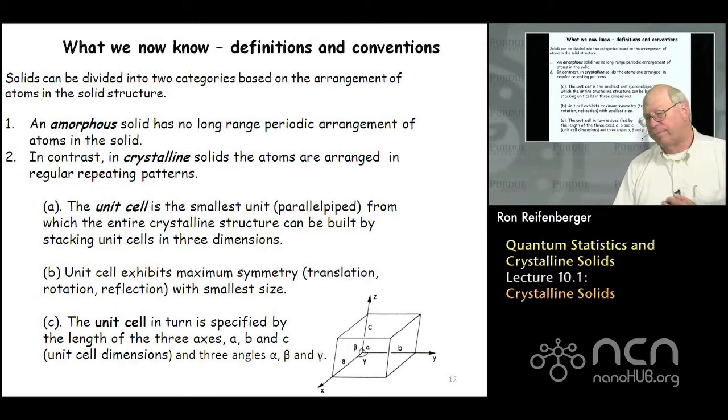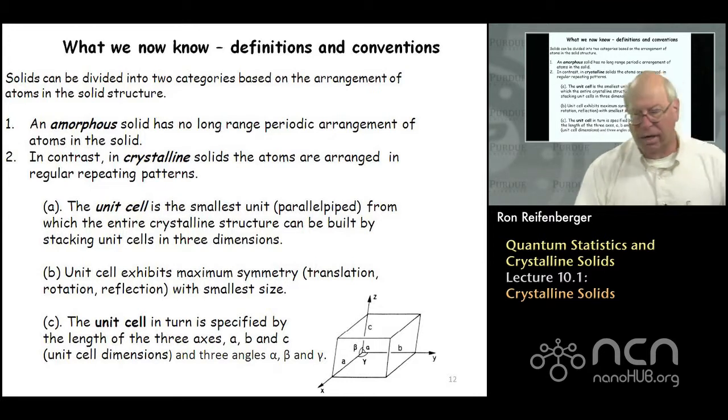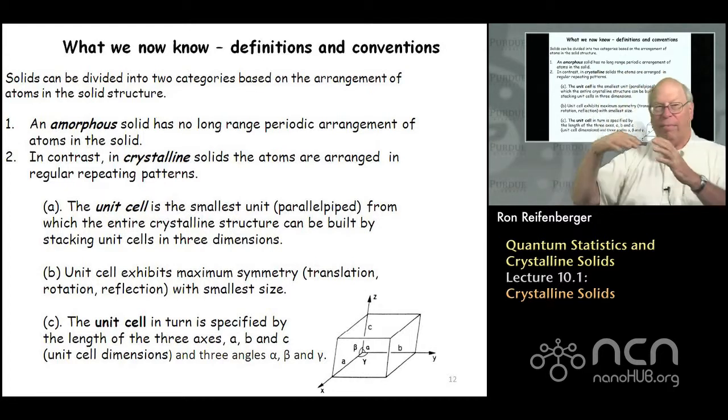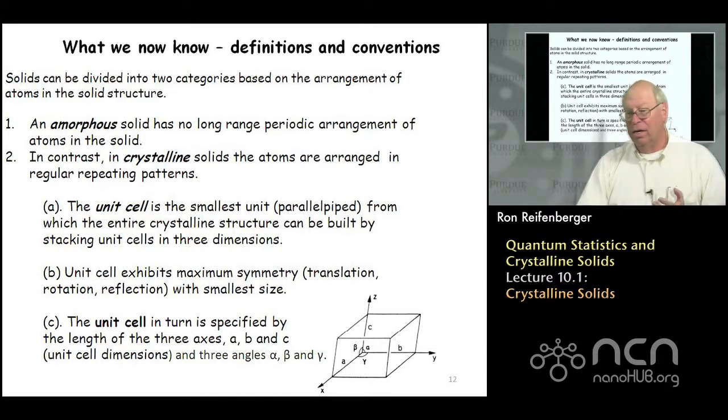So what we have to do next is start to define conventions about crystalline solids and explain some of those conventions so we can use them to describe the position of these atoms in crystalline solids.